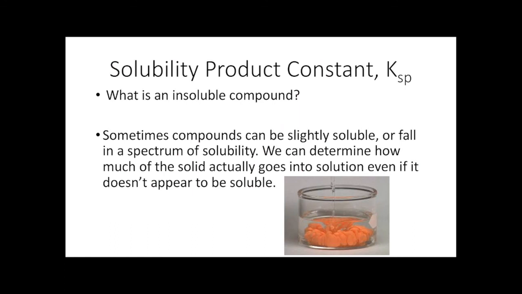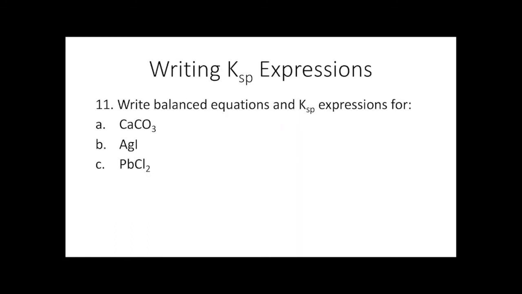It forms a solid at the bottom, it sits there, does nothing. There always is a teeny bit that does dissolve, you just can't tell. And so we can determine how much of it is in solution, even if we can't see it. We can calculate how much is in there, and it's really, really small.